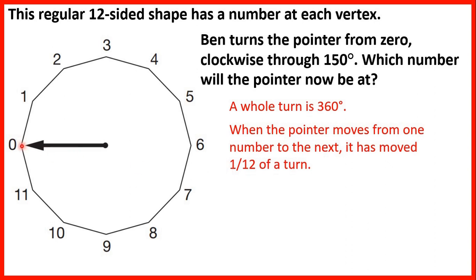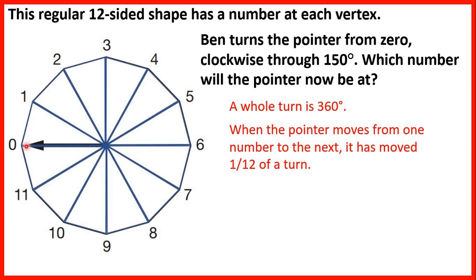So if it moves from 0 to 1, that's 1/12 of the way around, so we can find 1/12 of 360 degrees. And 360 divided by 12 is 30. So that means that when the pointer moves from one number to the next, that's a turn of 30 degrees.